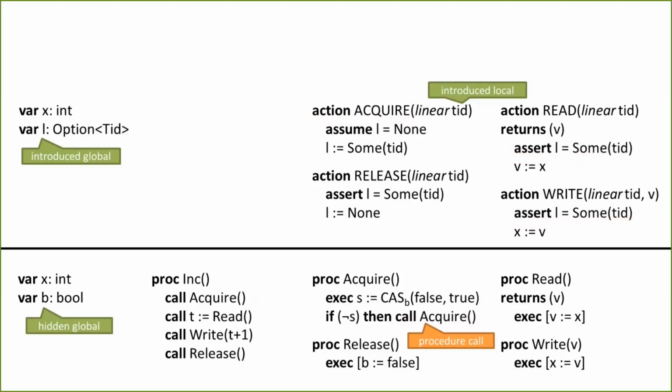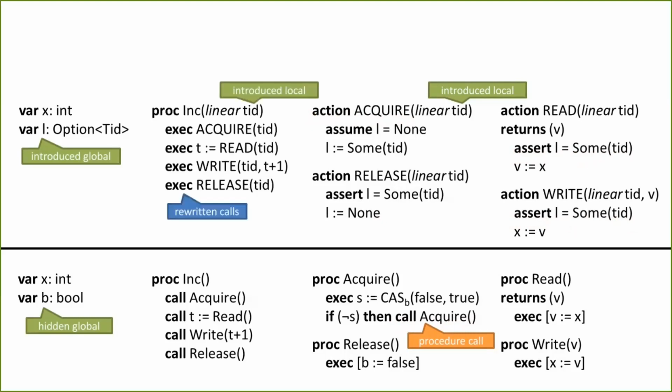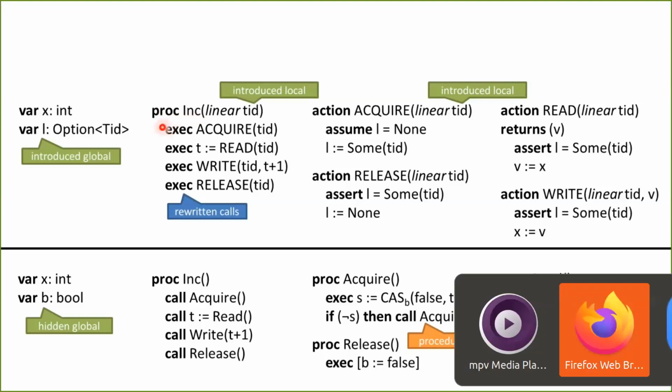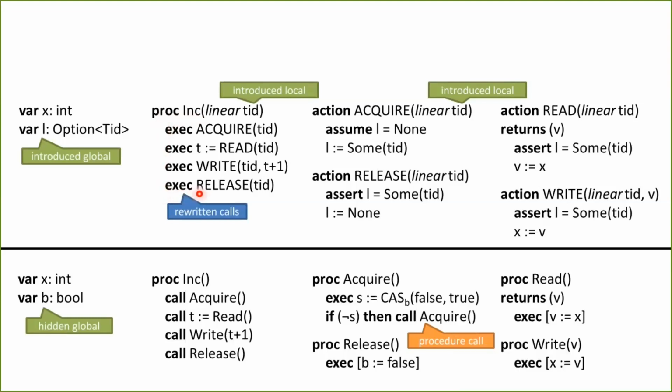And now by instructing CIVL to convert all these 4 procedures, acquire, release, read and write to atomic actions, CIVL automatically rewrites the procedure incur to one where instead of the procedure calls, we now have execution statements to the corresponding atomic actions. And here we also introduce a new local parameter that is representing the thread ID that is now passed to all the atomic actions as appropriate.